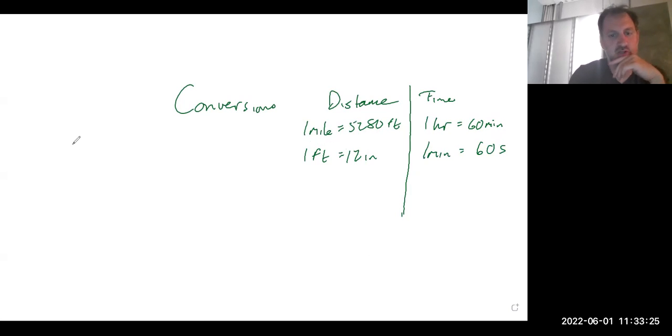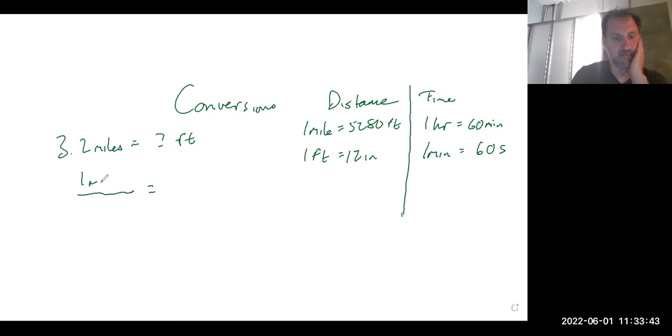So let's say we wanted to know 3.2 miles is how many feet. Well, the first way I want to show you, just to remind ourselves about proportional reasoning, because a conversion is really a proportional reasoning problem, is where I have 1 mile is 5,280 feet. So therefore 3.2 miles would be equal to how many feet?